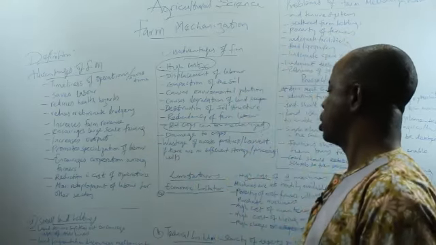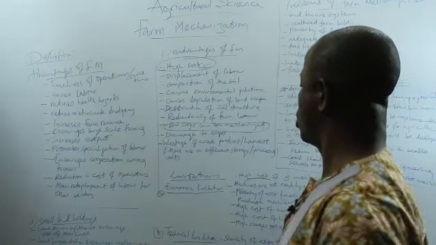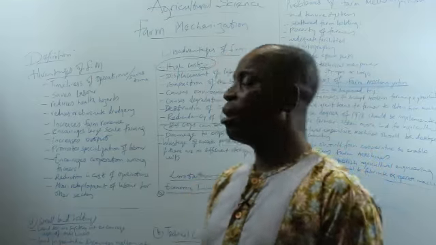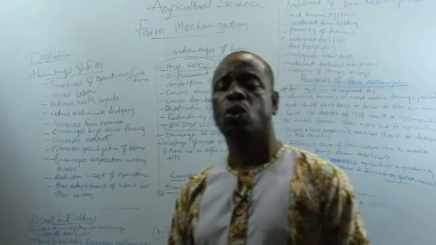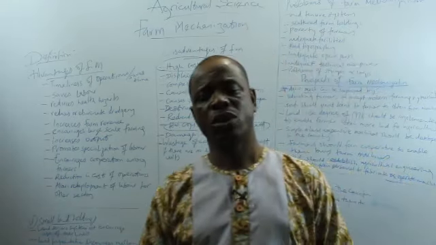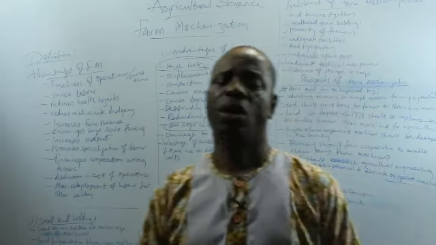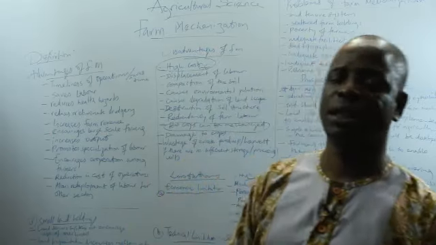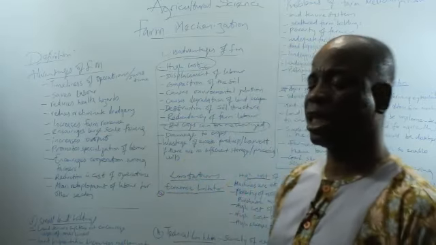Now, wastage of excess produce or harvest if there are no sufficient storage and processing units. Farm mechanization can lead to wastage of excess produce, especially if there is no readiness of storage facilities or processing facilities to handle the excess product.